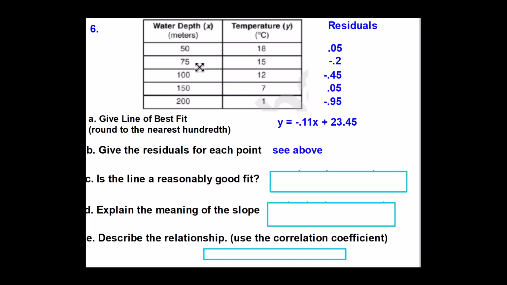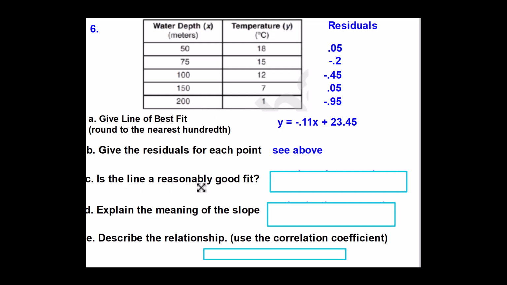The residual for this next point, (7.5, 15), is negative 0.2. The next point, the residual is negative 0.45. The fourth point, (15, 7), the residual is 0.05. And finally, the point (20, 1), the residual is negative 0.95.